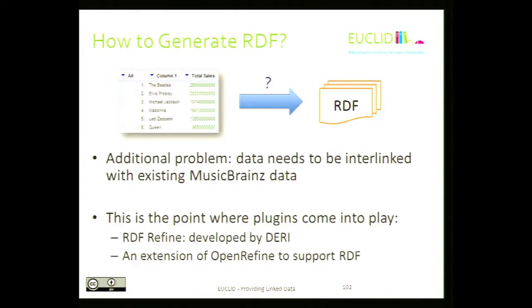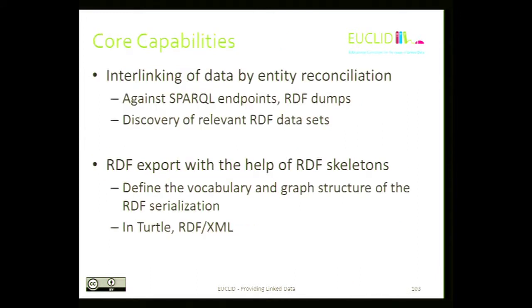The question is, how are we going to make that RDF? Well, the first thing is, at this point, we install an extension to OpenRefine to be RDF aware, one that was developed at DERI in Ireland. And it will let us nominate an ontology, which is the basis of our classes and properties.